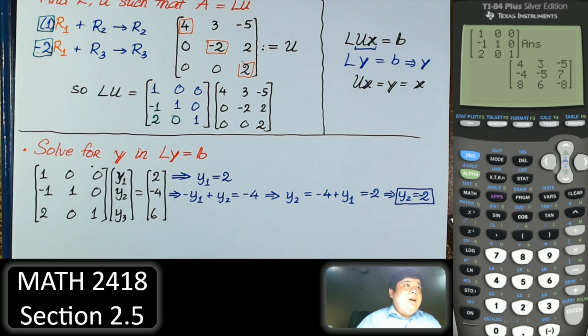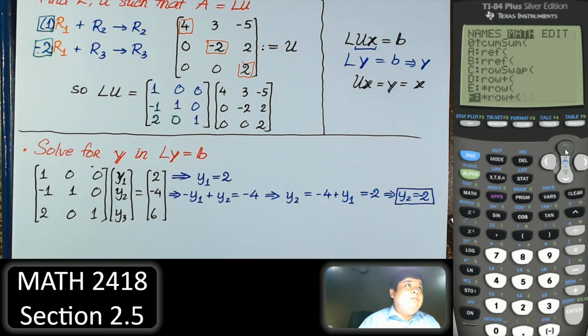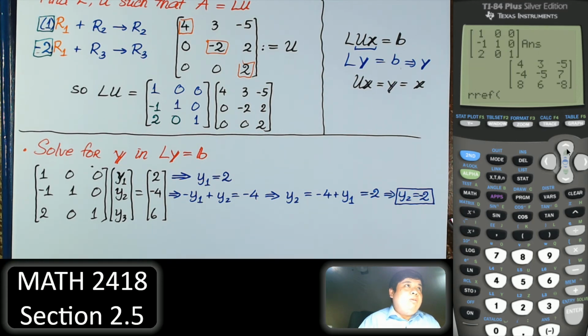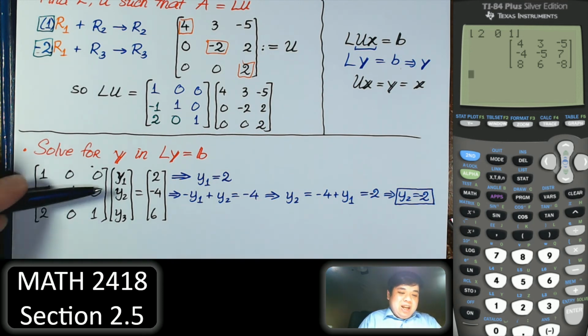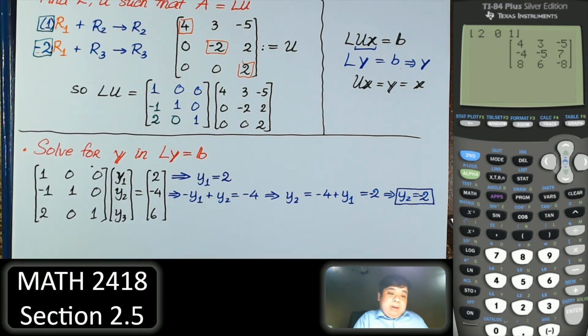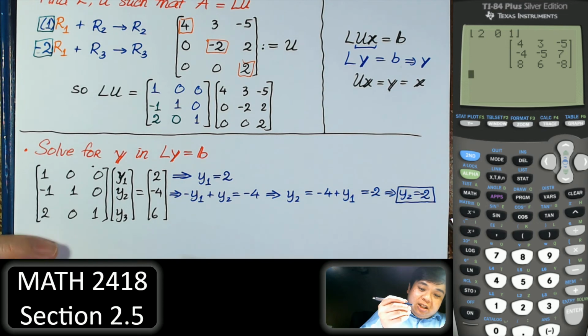Of course, we can also do this. Reduce to echelon form of that. Of course, then we have to add b to it. So I don't know how to add the row into the matrix, so let's not do that. Of course, we can just use reduce to echelon form of the whole thing. Right, let's just try this first.